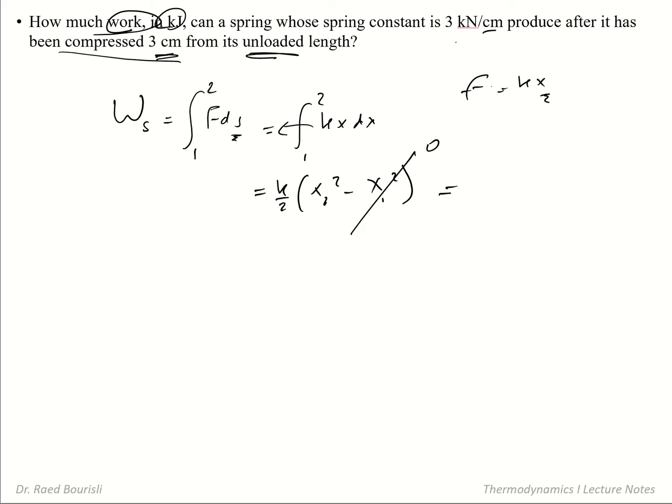If this k is 3 kilonewton per centimeter, I can convert it to meters. So 300, I multiply this by 100 centimeters per 1 meter, so this will be kilonewton per meter.